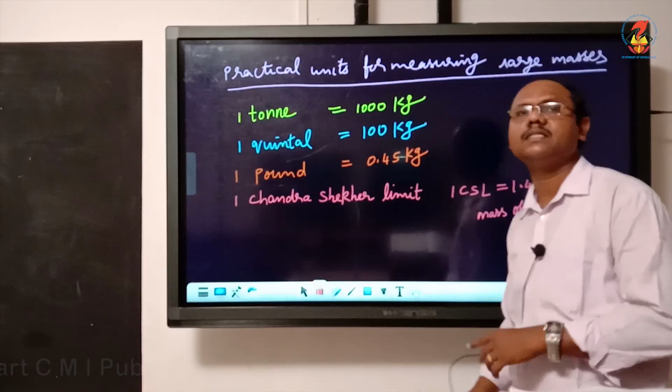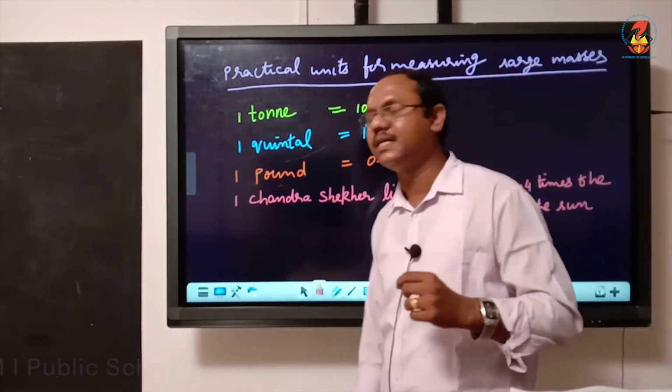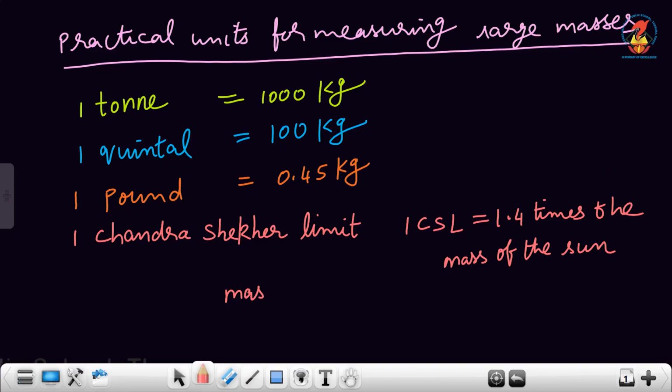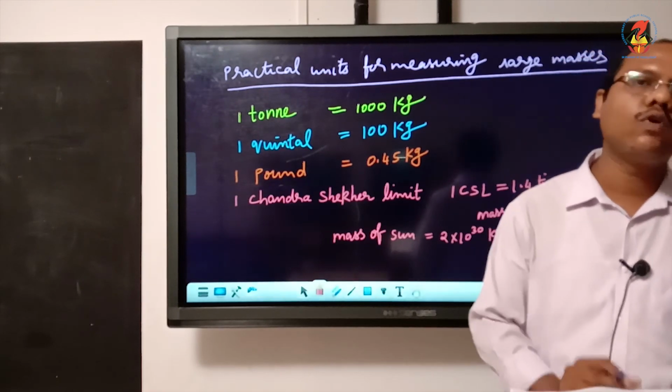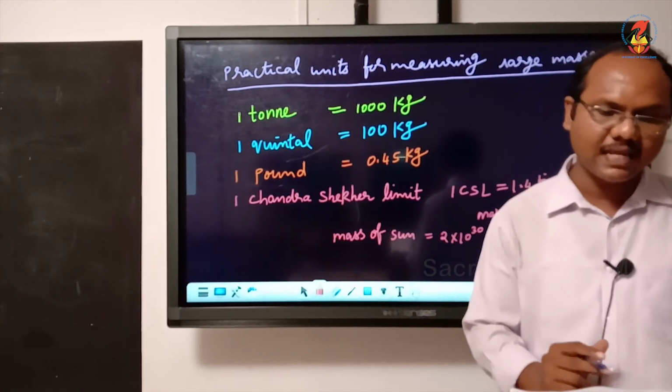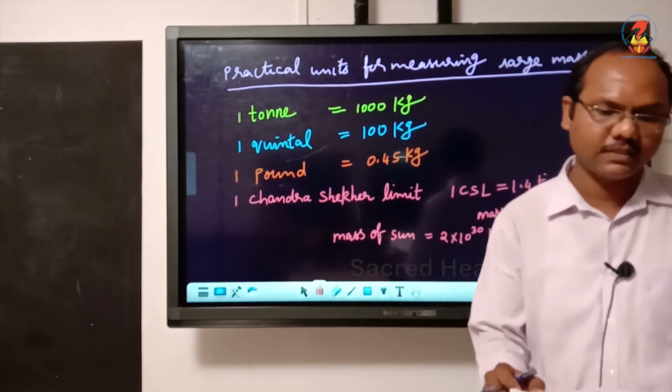Mass of the sun is around 2 into 10 raised to 30 kg. So it is 1.4 times the mass of the sun, and this is the largest practical unit of mass.